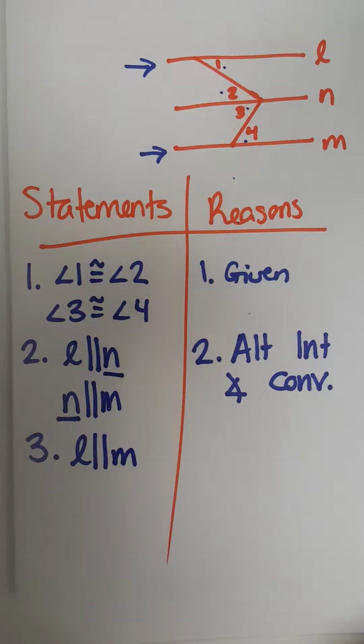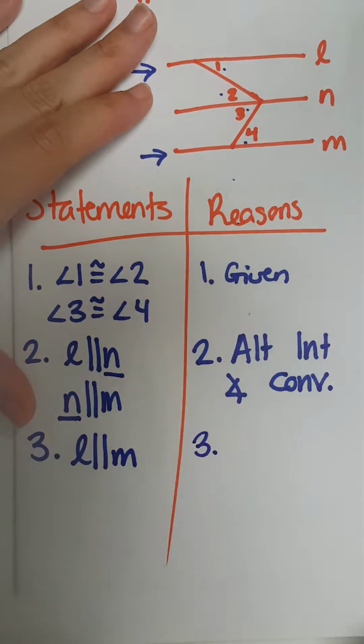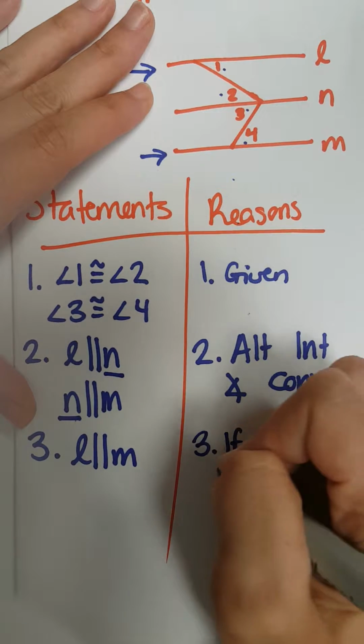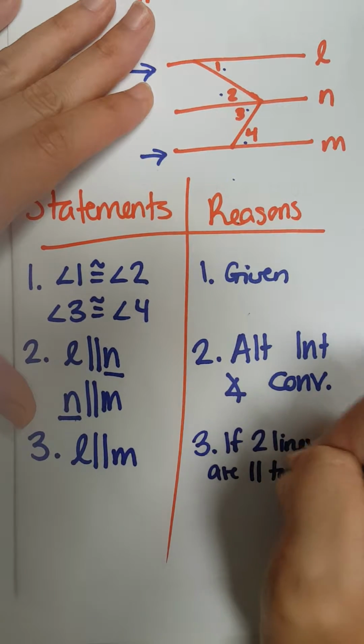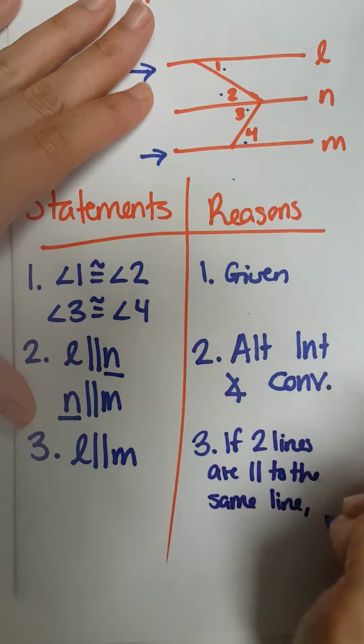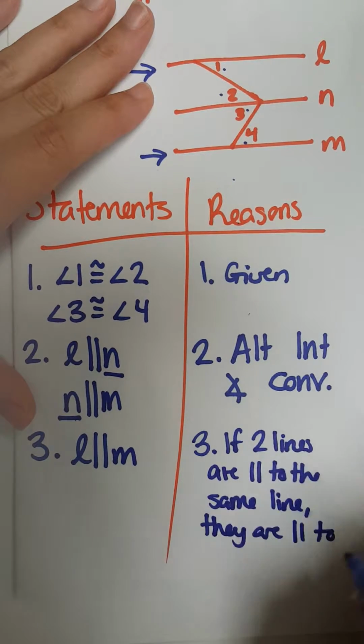Now, did this one have a name? No. You might not remember it, but that's okay. It doesn't have a name, so we just say, if two lines are parallel to the same line, they are parallel to each other.